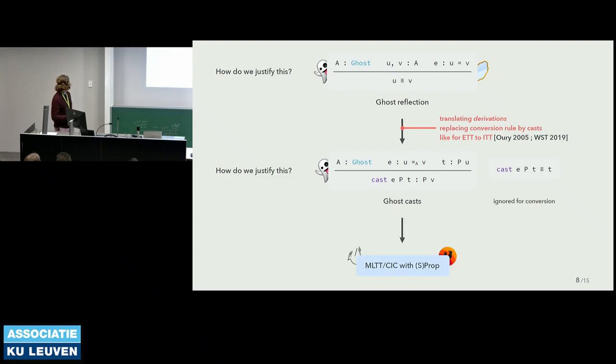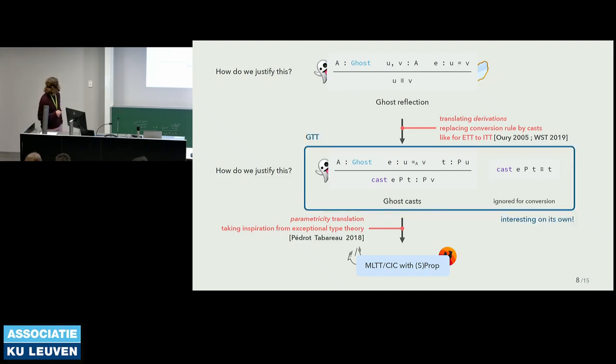And now I go to a safer territory, which is just Martin-Löf type theory or calculus of constructions with strict propositions. And this one is a parametricity translation, which also takes inspiration from exceptional type theory, which was introduced before, so that's perfect. And for the rest of the talk, I'm going to focus on this part, on this model for this ghost type theory.